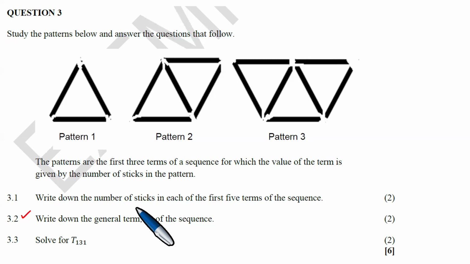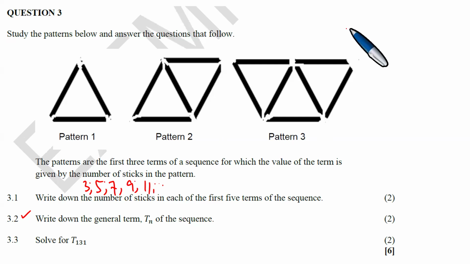You see, 3.2 says write down the general term of the sequence. Okay, we've seen that it is 3, 5, 7, 9, 11. Then write down the general term, Tn, of this sequence. So let's write down the general term of the sequence. What is the general term of the sequence?